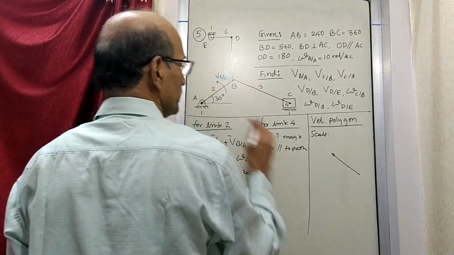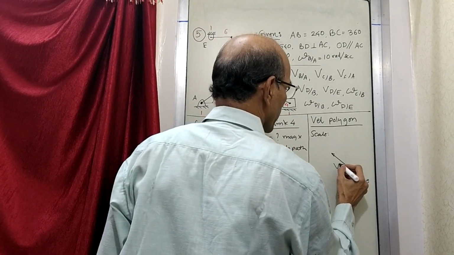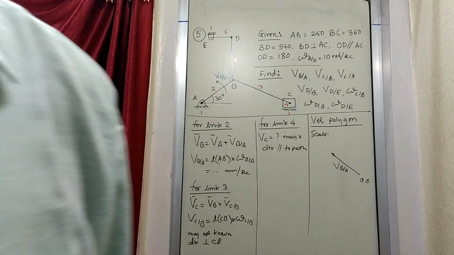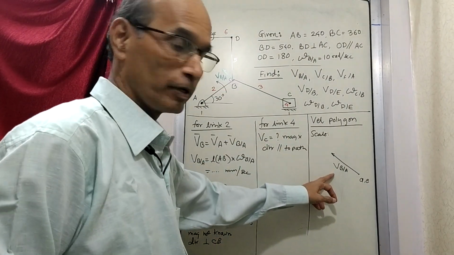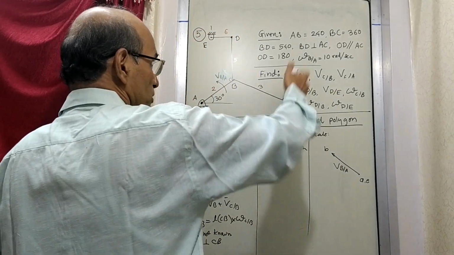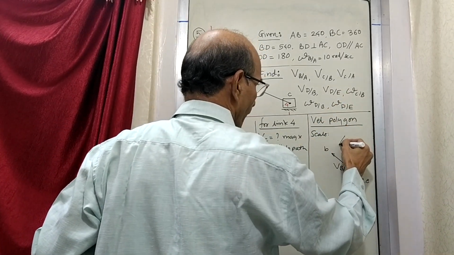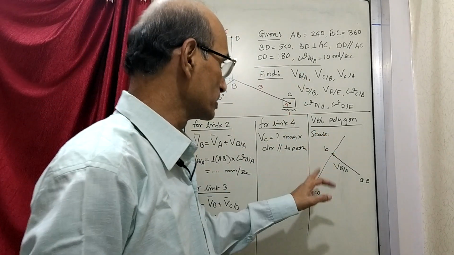This is point A and E, and we have drawn velocity of B relative to A. Now velocity of C with respect to B, this point is B. Velocity of C with respect to B will be a line like this drawn from B, perpendicular to CB. So somewhere on this, C will lie.